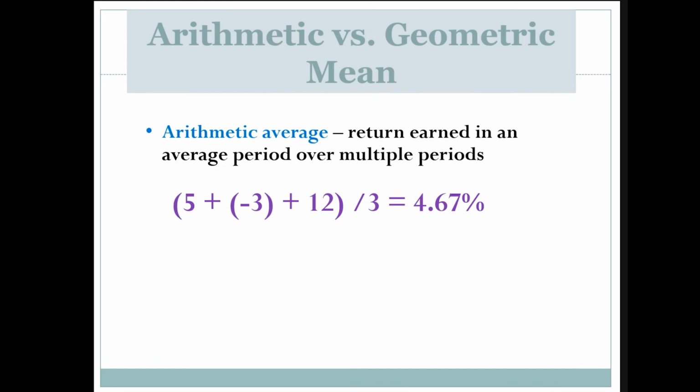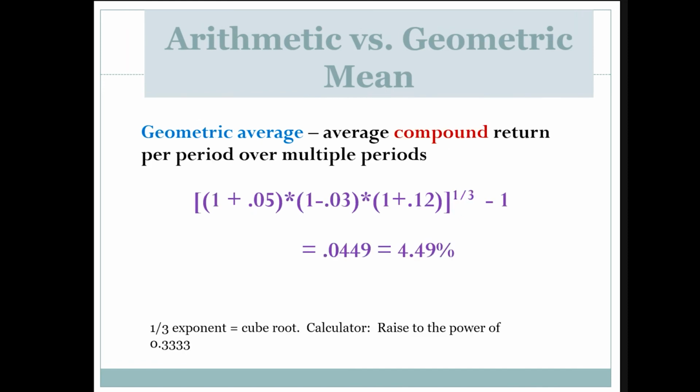Right? The other way to do it is using the geometric average. This is sometimes called a compound return per period. So we add the return to 1 and multiply. So 1 plus 0.05 times 1 minus 0.03 times 1 plus 0.12, right? So 5%, losing 3%, gaining 12%. And then we raise that to the cube root.